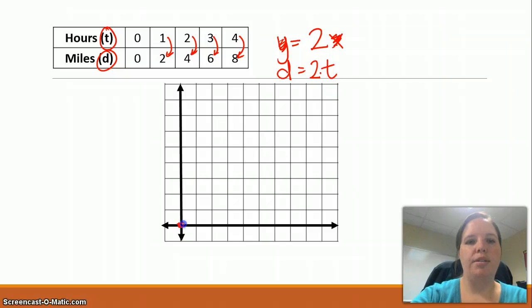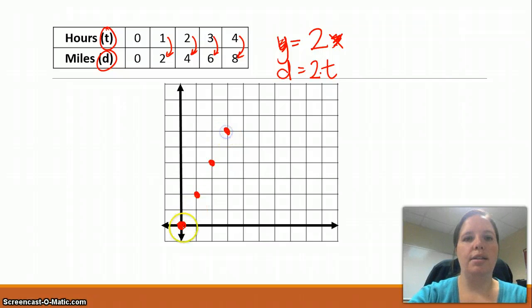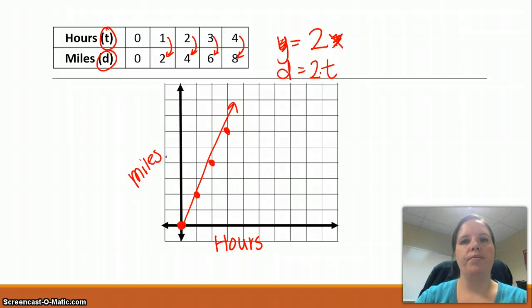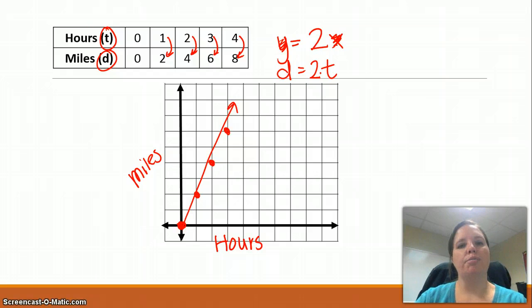We graph these points: (0, 0), (1, 2), (2, 4), (3, 6). This is the hours, and this is the miles that you go. So what can we notice about this line when it comes to giving these specific values, hours and miles?